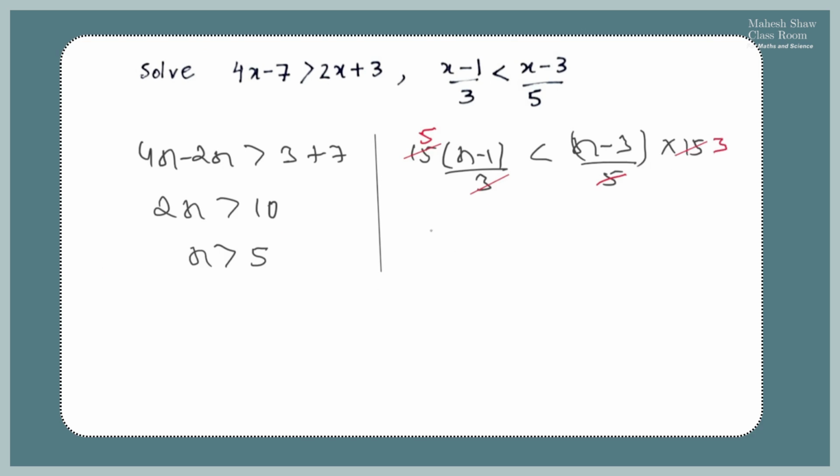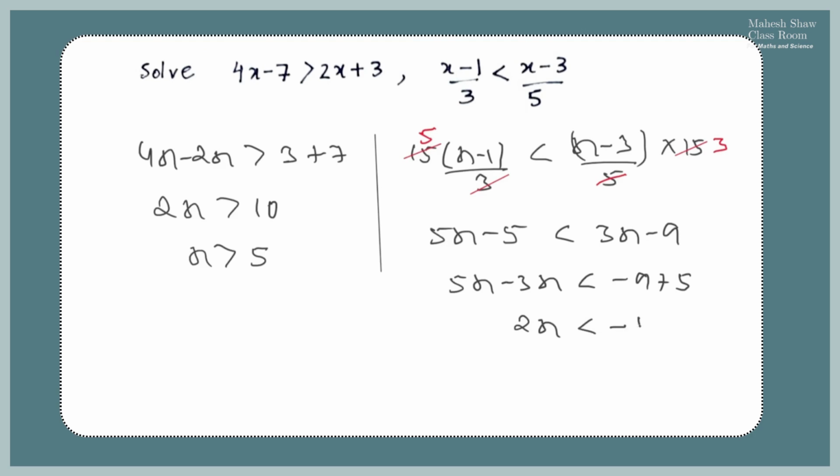So we get this as 5x minus 5 less than 3x minus 9. Finally, we can write this as 5x minus 3x is less than minus 9 plus 5. And this is how much? 2x. And 2x is less than negative 4, or we can say x is less than negative 2.